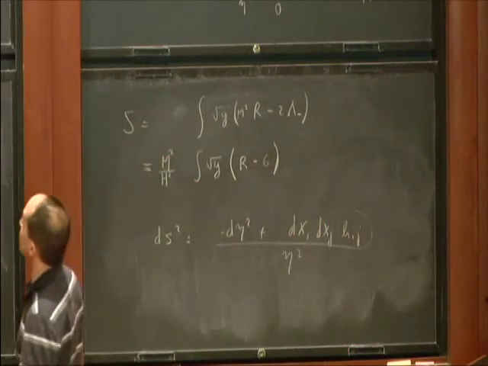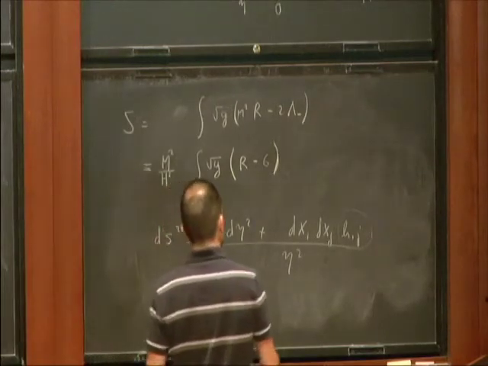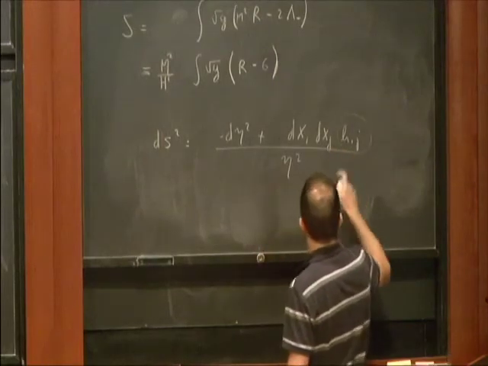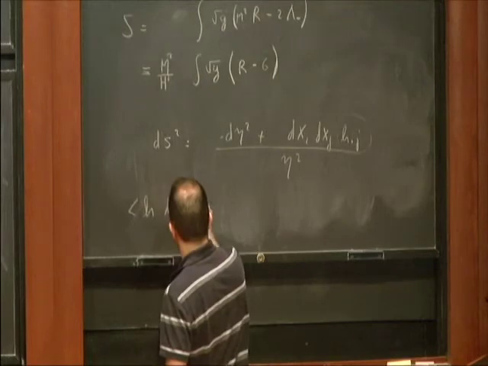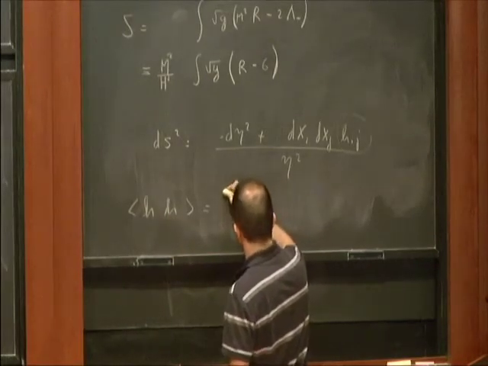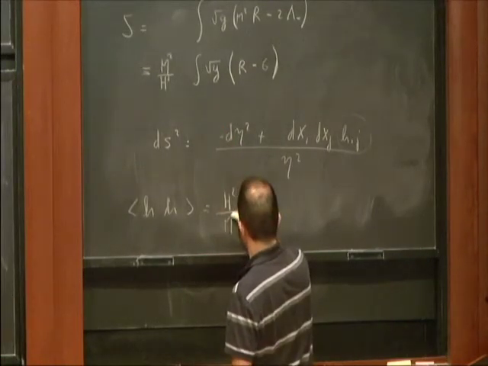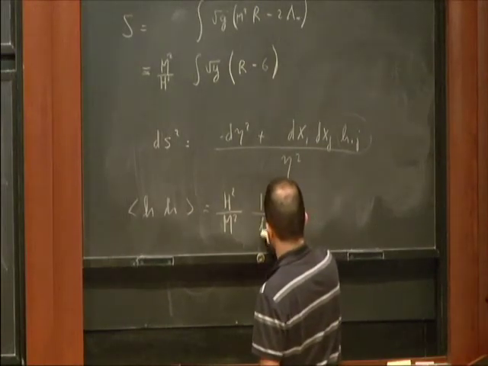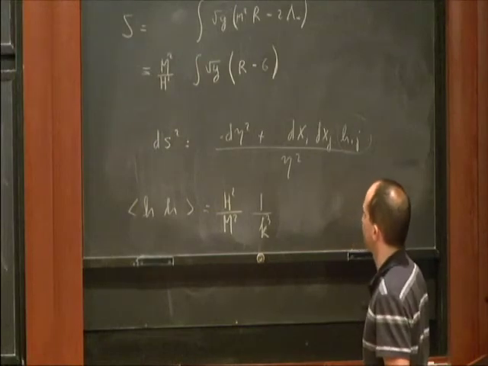And the result, therefore, will be the same as what we got before, except that now the field h will have a 2-point function, which will contain this factor. I mean, that this overall factor in front of the action translates into a new overall factor in front of the 2-point correlator. Okay, will be of this form in Fourier space.